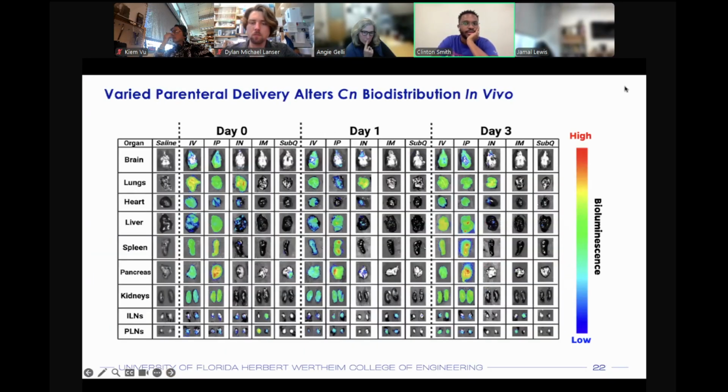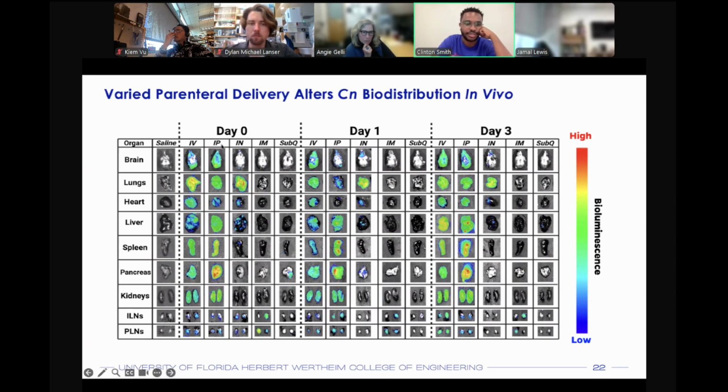And pretty interestingly, we were able to determine the delivery route that maximizes accumulation in the brain. It turns out that intravenous delivery works best for that. But we did get some other exciting data that could serve as implications for other things we can target.